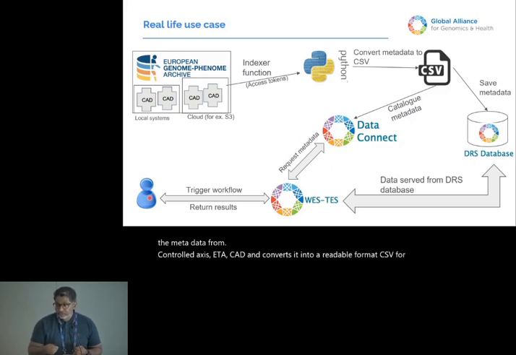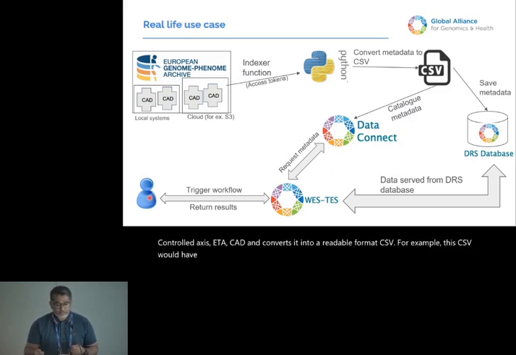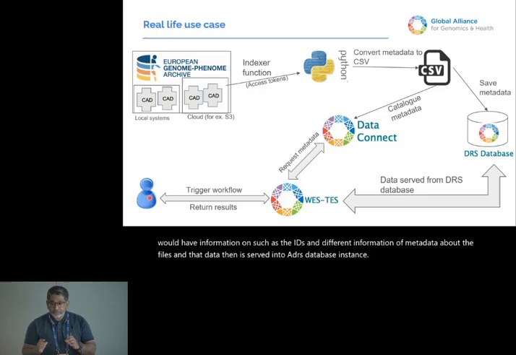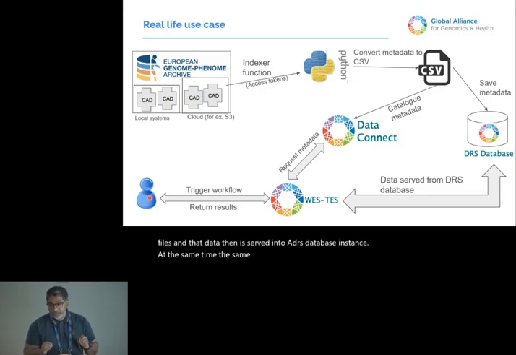This CSV would have information such as the IDs and different metadata about the files. And that data then is served into a DRS database instance. At the same time, the same data is also cataloged into a Data Connect instance.